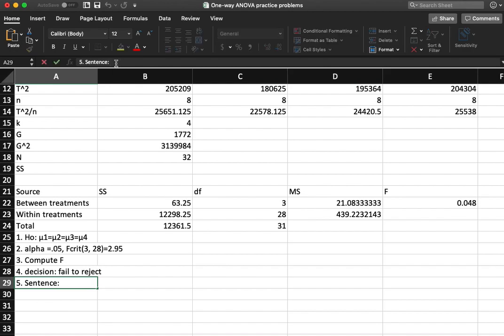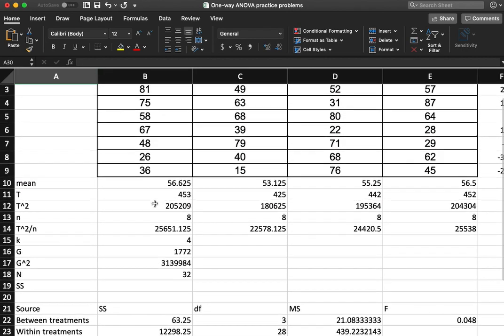And the sentence would be something like, We did not detect a significant difference in U.S. history score among the 4 majors. F of 3 and 28 degrees of freedom was not the F crit, it was 0.048 with p greater than our alpha.